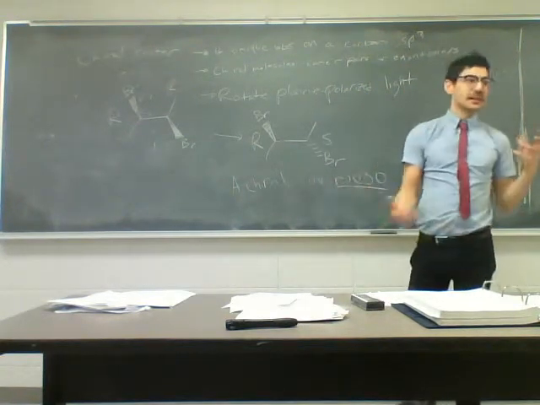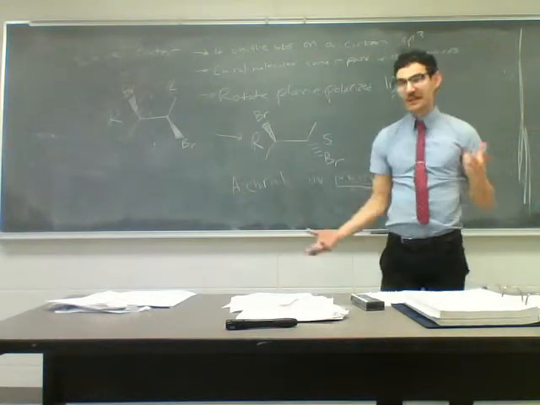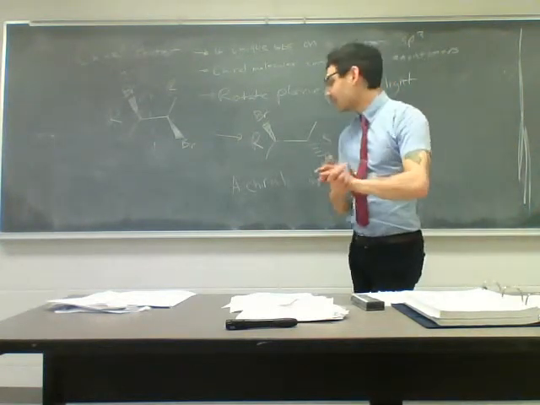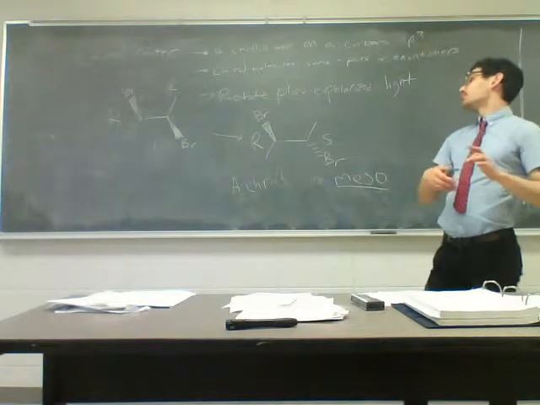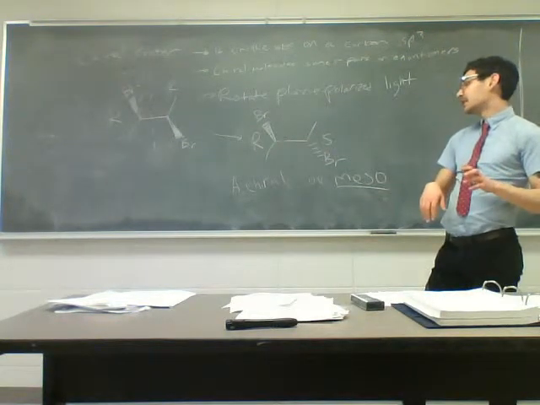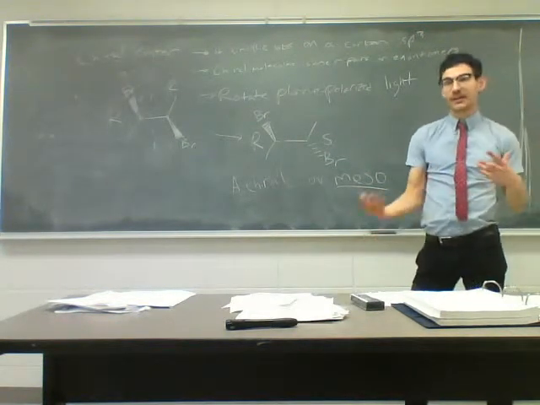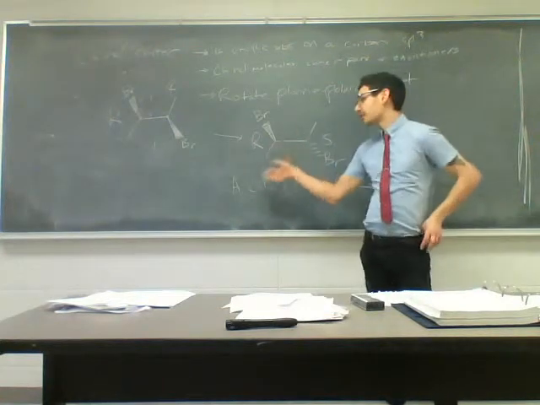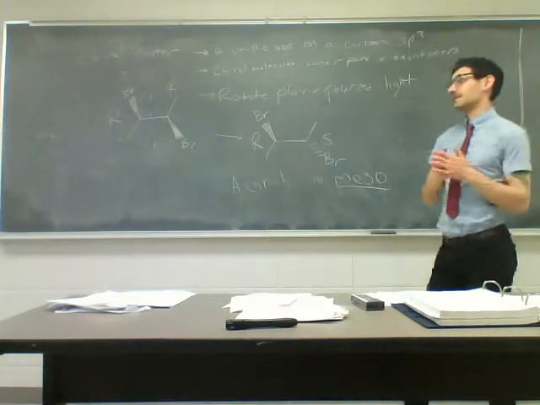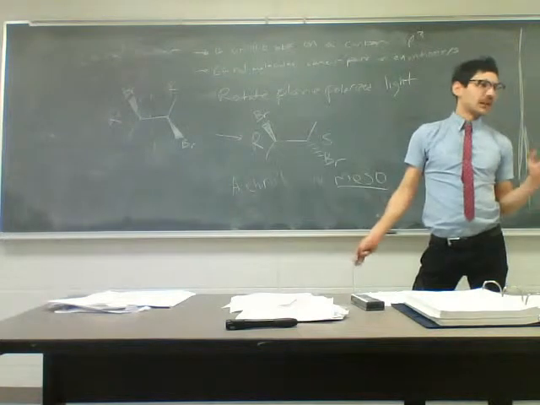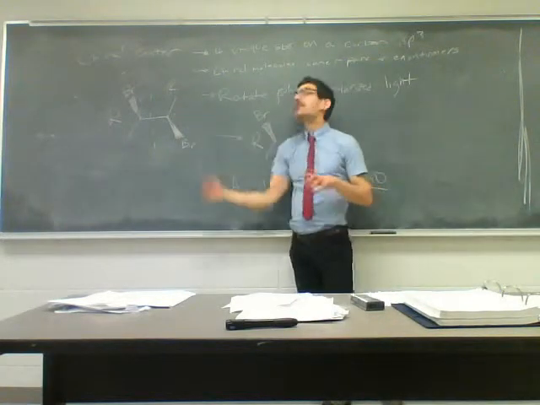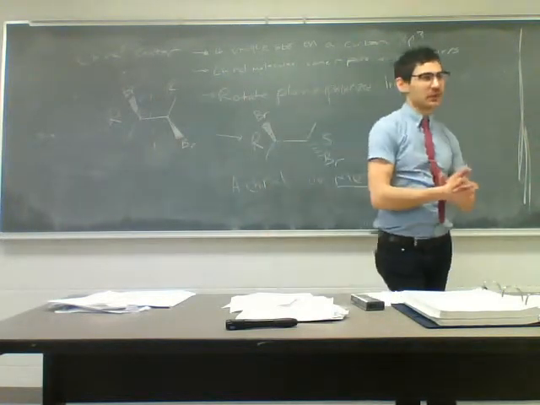An even mixture of enantiomers is what we call a racemic mixture. Racemic mixtures don't rotate any light. We have to have exclusively one enantiomer to really see this rotation of light.